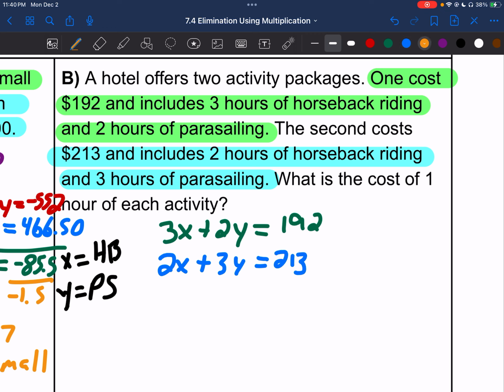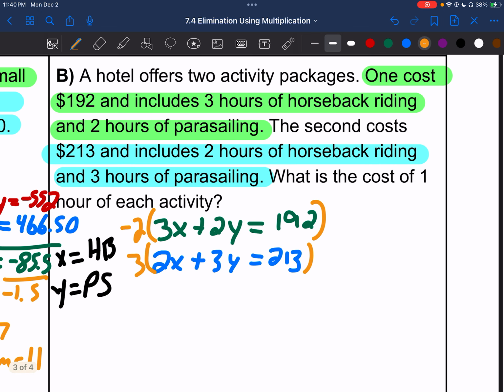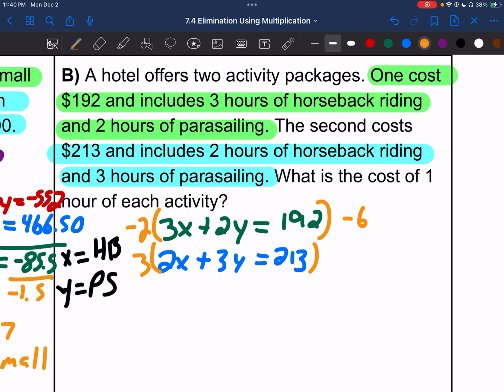Now, we are going to have to multiply both of these equations. So I'm going to multiply the top one by -2, and I'm going to multiply the bottom one by 3. And this is going to allow us to eliminate our x variables first. So when I do that, I'm going to get -6x minus 4y equals -384. Bottom equation, I'm going to get 6x plus 9y equals 639.